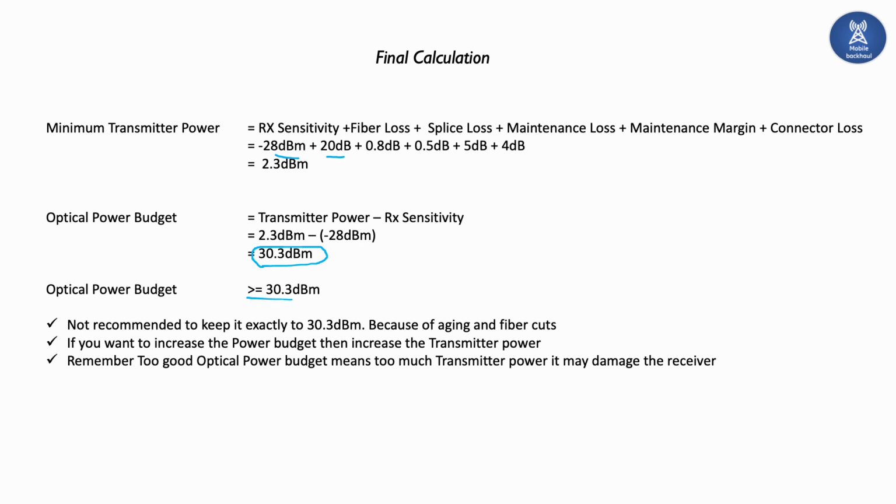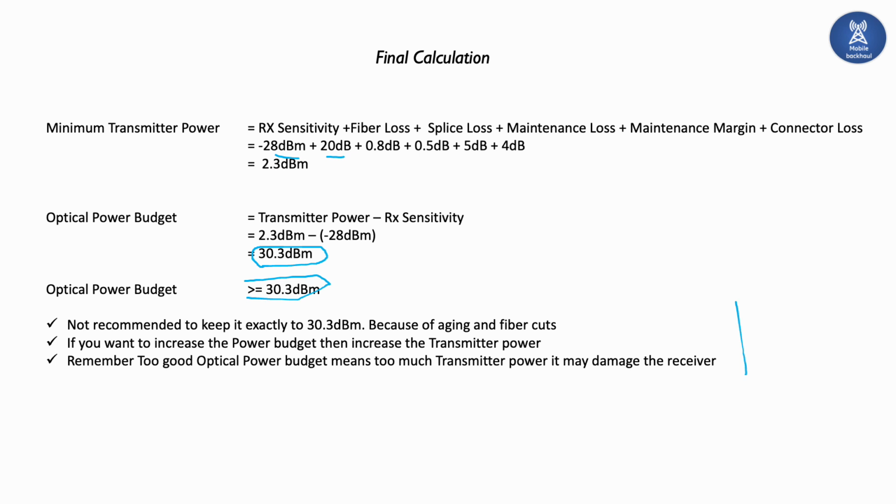So from this value, we come to three different conclusions. One is it is not recommended to keep it exactly at 30.3 dBm. Why? Because in future, many things happen to the fiber network. A lot of fiber cuts, aging, all those things.